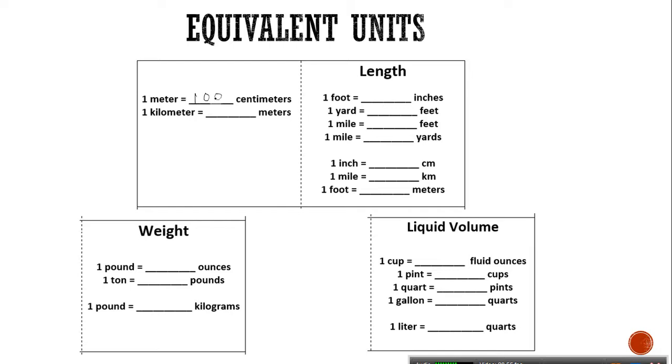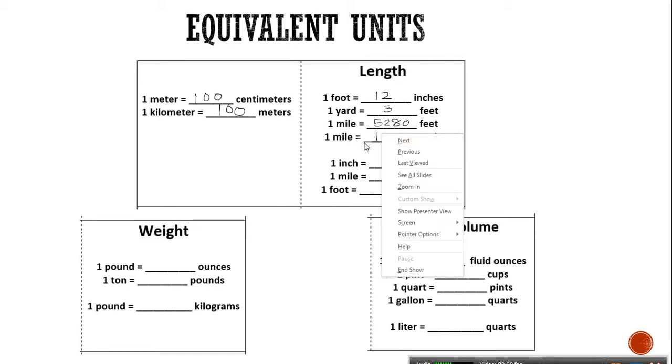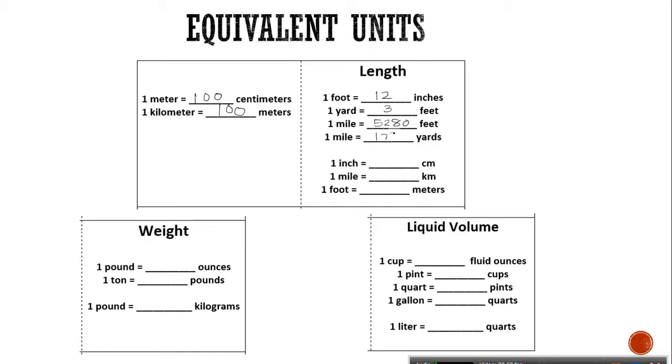You're going to want to fill in your sheet as I fill in mine. 1 kilometer is 1,000 meters. 1 foot is 12 inches, of course. 1 yard is 3 feet. 1 mile is 5,280 feet. And 1 mile is 1,760 yards.